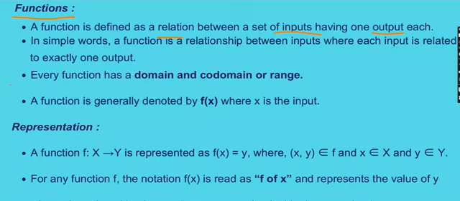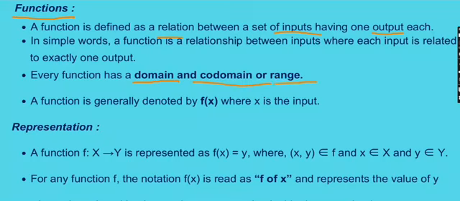In order to define a function in discrete maths, we are going to use two types of terms. They are called domain and codomain. Domain and codomain are the two things which we are going to use for creating a mapping between for what input, what output has to be generated.